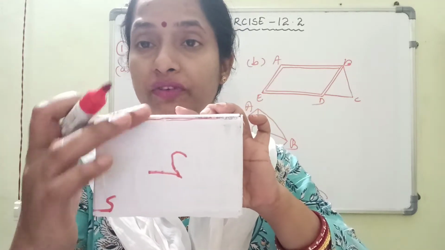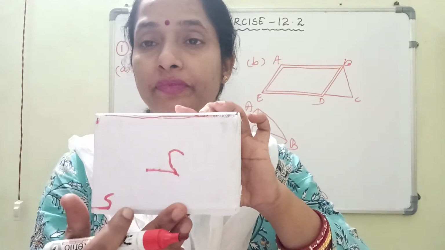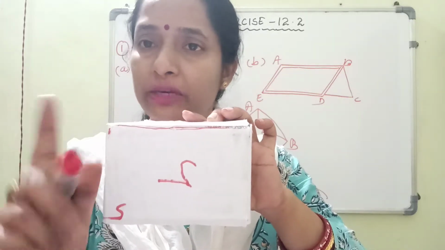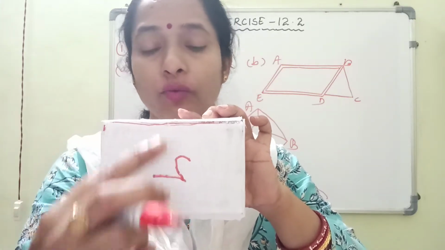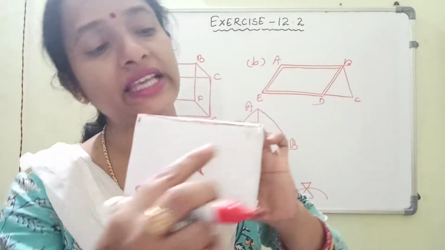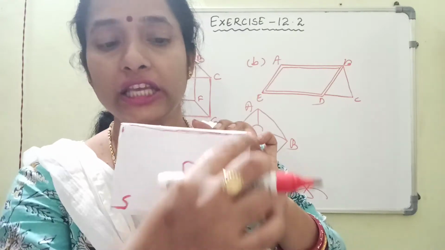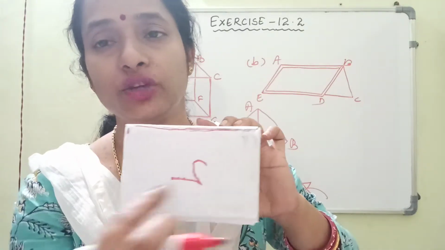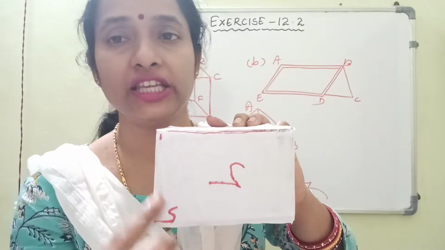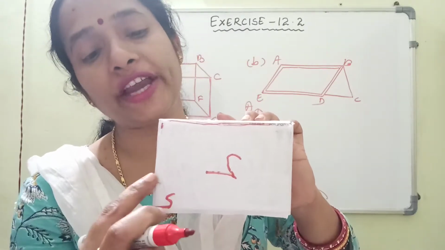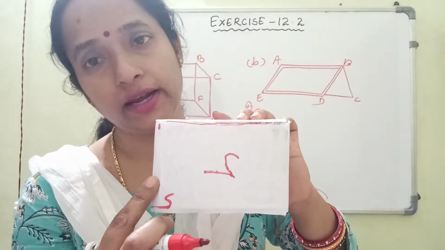So what type of lines are they? They are parallel lines. So this is one pair. Pair means 2. Whereas if you observe this and this edge, these two edges are opposite to each other, they are equidistant from each other, and they will never meet. So children, these two edges are also parallel lines.